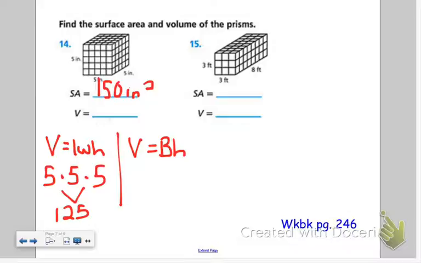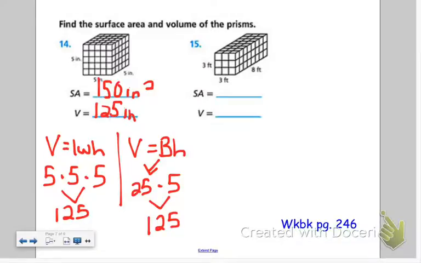The area of the base is 25, right? Because 5 times 5 is the area of the base. And then times that by the height, which is 5, and 25 times 5 still gives me 125. So there's two ways to do that. Either way, I'm going to get 125 cubic inches. So that whole cube is actually made up of little cubes.